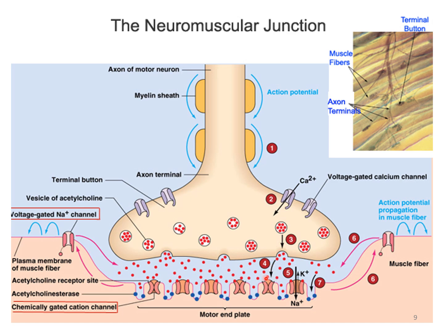And acetylcholine will diffuse across the synaptic cleft and bind to the postsynaptic acetylcholine receptor, which is located on the muscle fiber at the motor end plate.